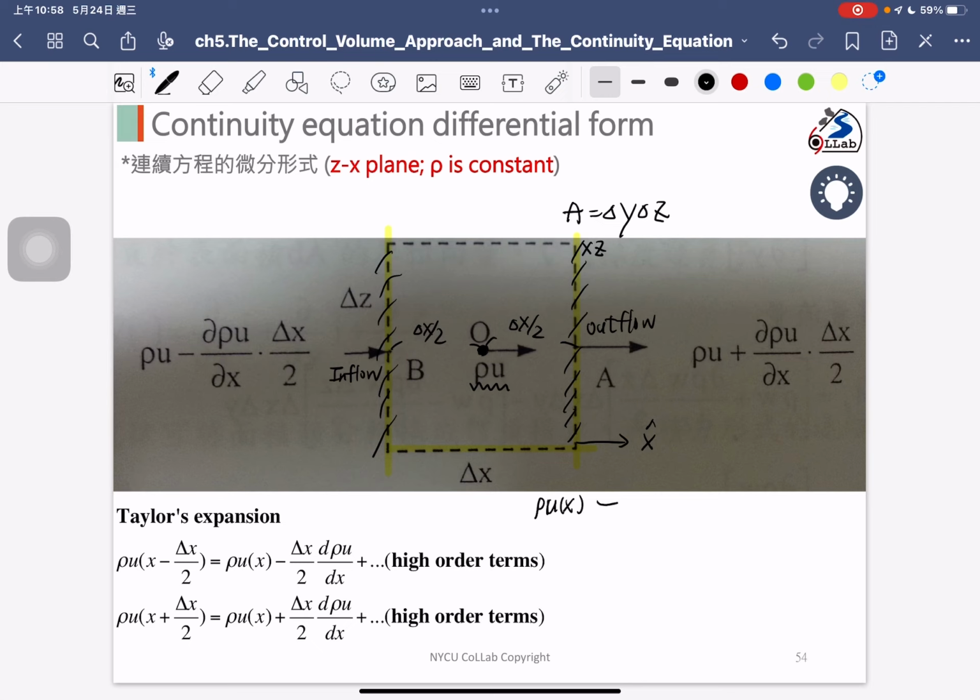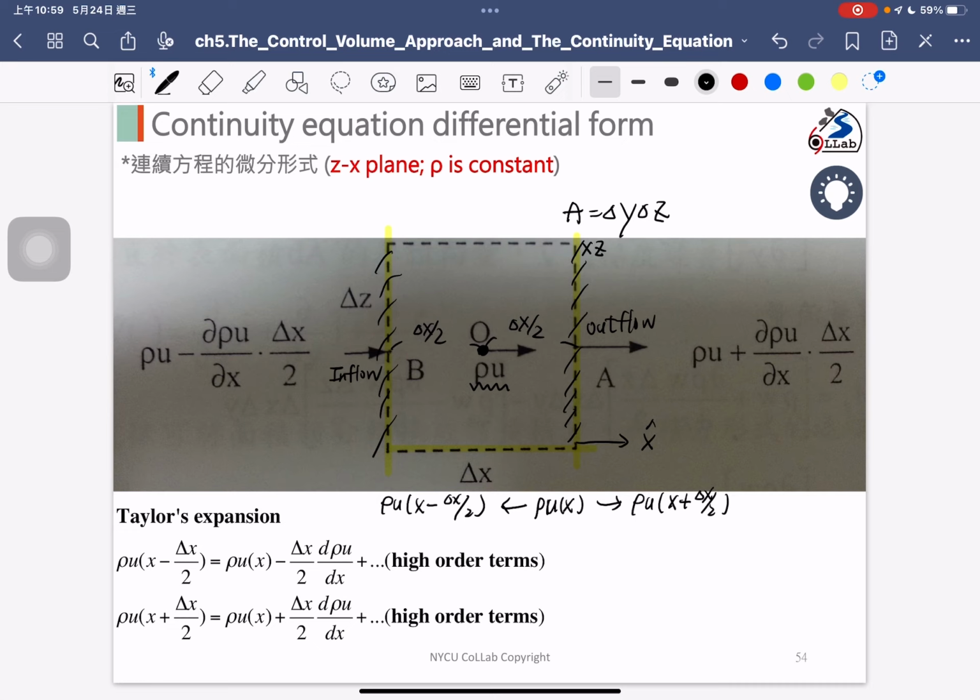So how can we predict rho u at the location changed to x plus delta x divided by 2? Also, can we predict rho u at the location changed to x minus delta x divided by 2? Why would I like to predict the velocity at different locations?